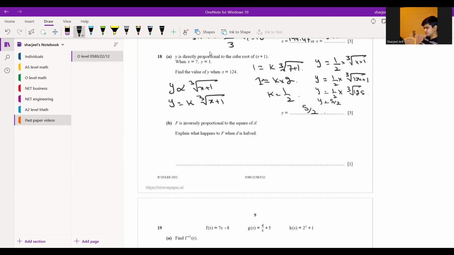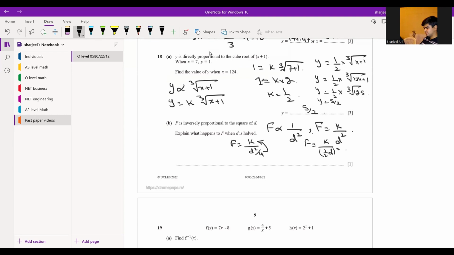The second part, f is inversely proportional to the square of d. Explain what happens to f when d is half. Okay, just write it in constant term, so equation form. So this will be when it's half. This means you are multiplying d with 1 by 2. So this will become k divided by d square by 4.